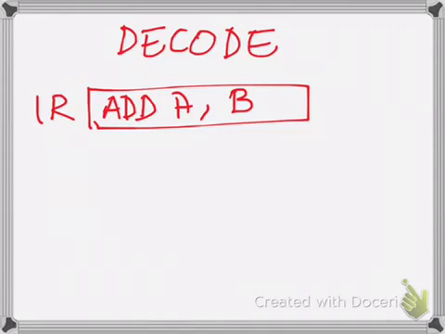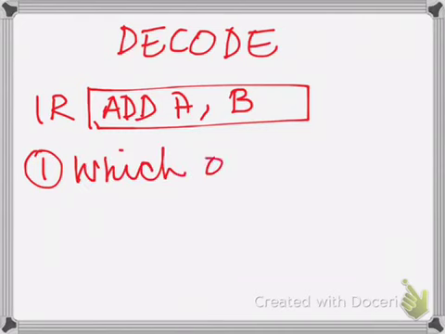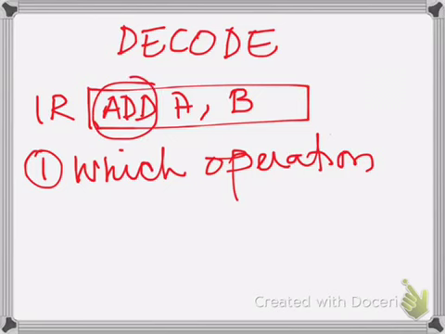So decoding takes place. First, find out which operation is to be performed. By looking at the operation code, we can find out which operation is to be performed. This is the first decoding.